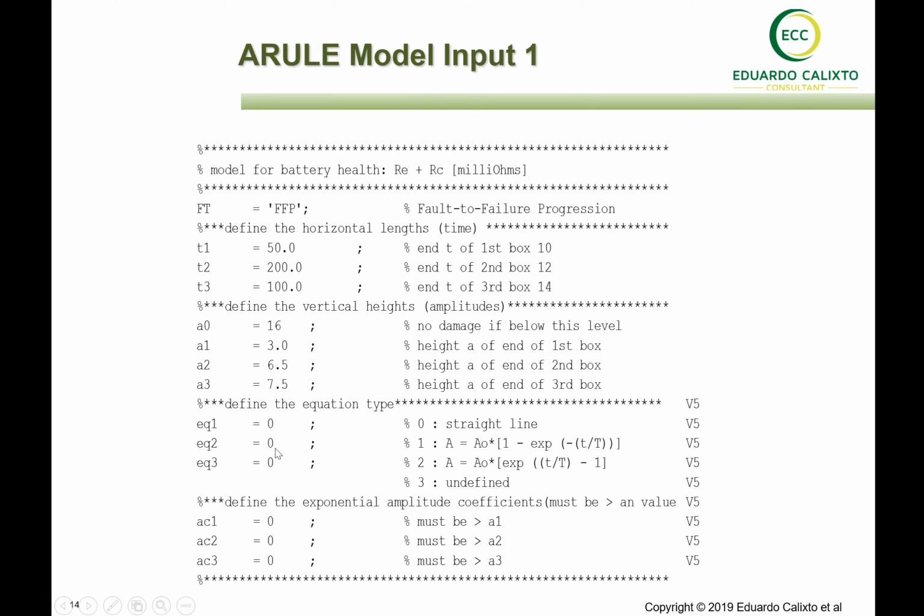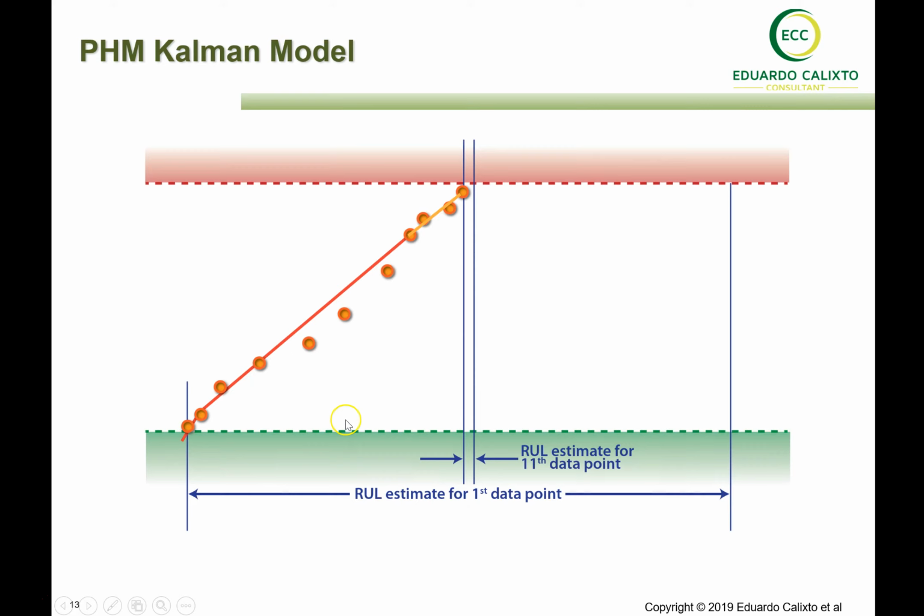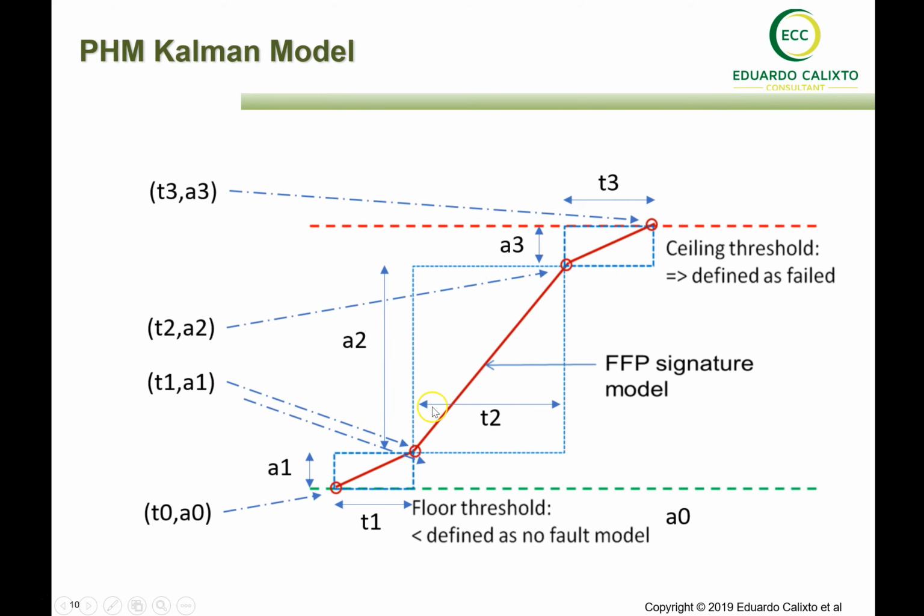So, as I mentioned before, we need two types of inputs. One input is that we need to define basically the model, that is, the regions that we consider. So I'm talking about this region here. For example, considering temperature for a sensor, we need to define at least 3 points: the operation limit and the destruction limit that triggers the functional failure.